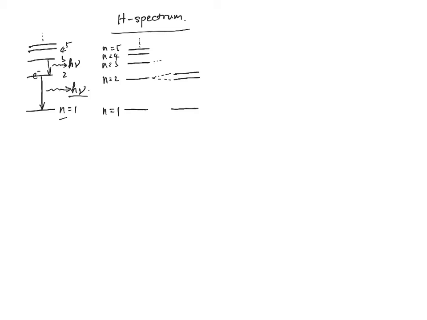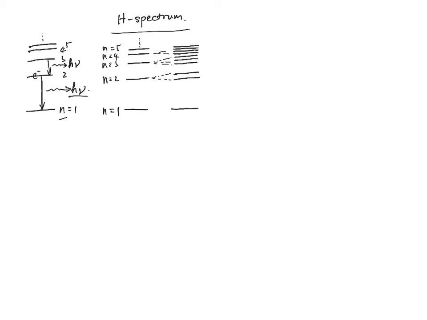Now, n equal to 3 also splits, but it splits into 3 separate individual energy states. N equal to 4 splits into 1, 2, 3, 4 different energy levels.